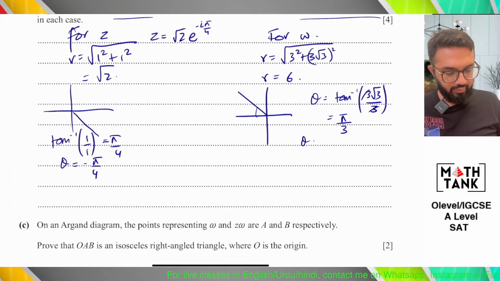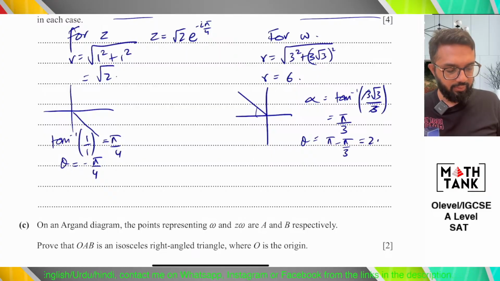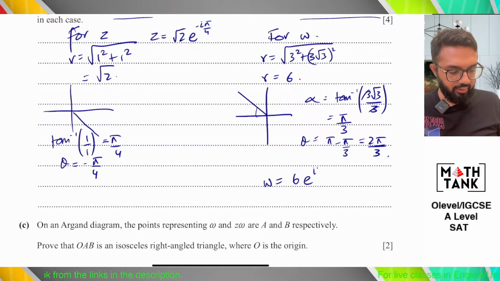So theta is going to be, alpha is this. Theta is going to be pi minus pi over 3. So W equals r e to the 2 pi i over 3.